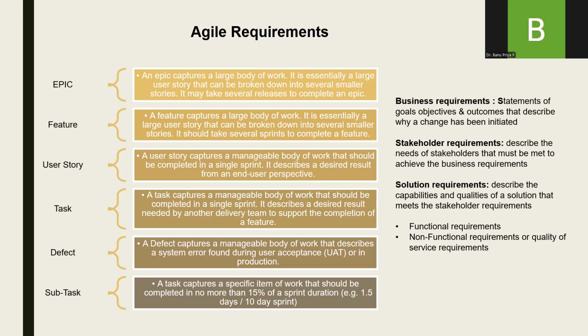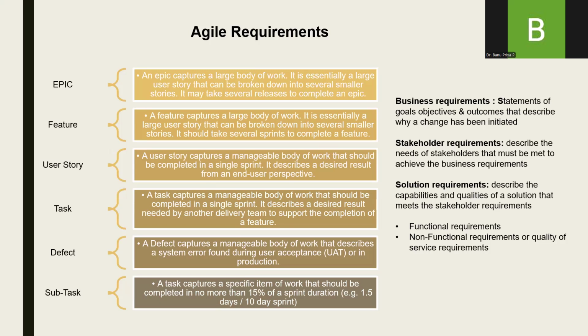If you see, epic, feature, user story, and task are very important under Agile. But more than these, it starts with the requirements. As the last lecture defined about requirement engineering, we saw requirements can be user and system. The business requirements are the statements of goals, objectives, and outcomes that describe why a change has to be initiated.